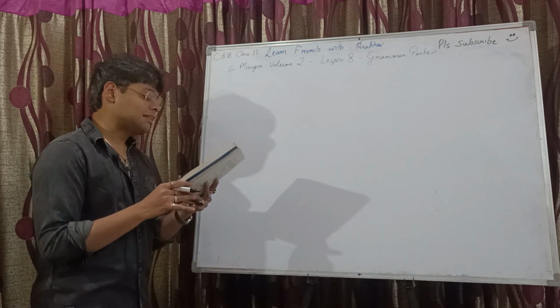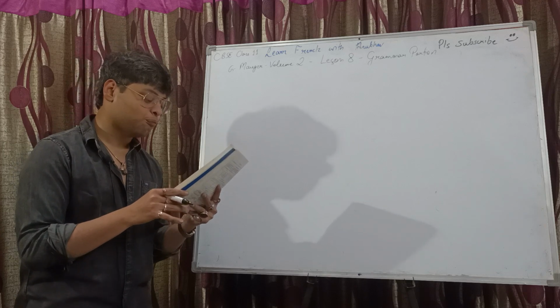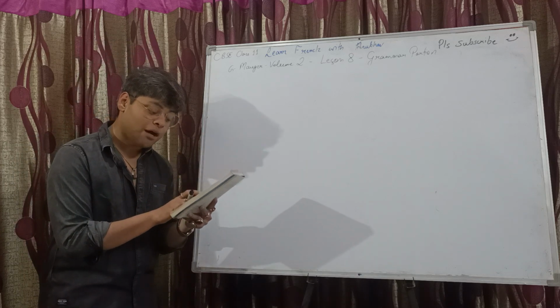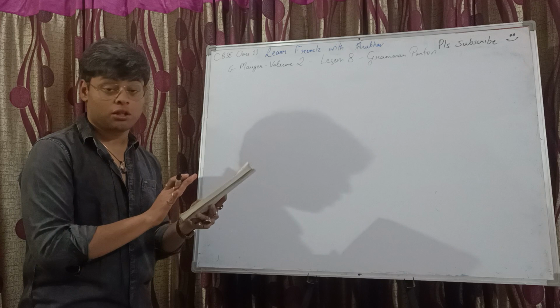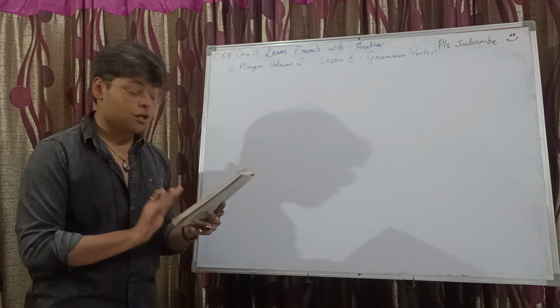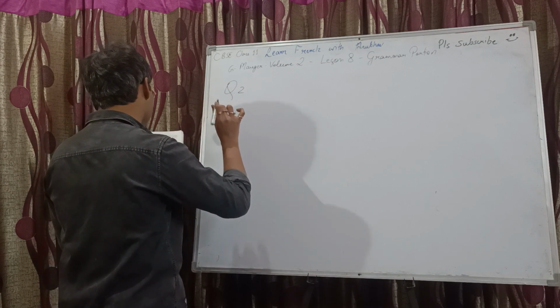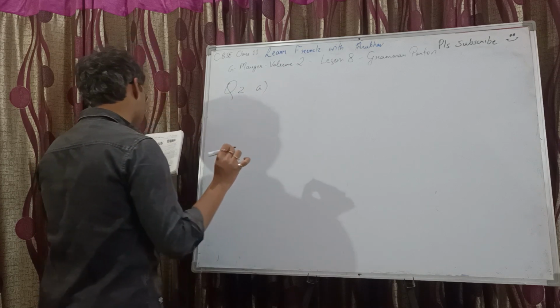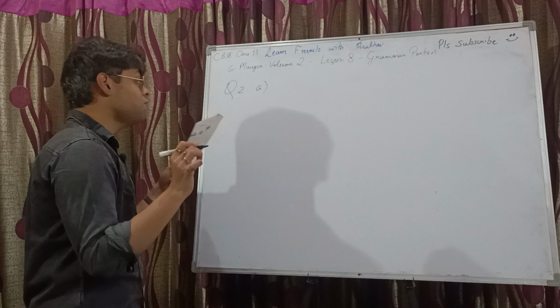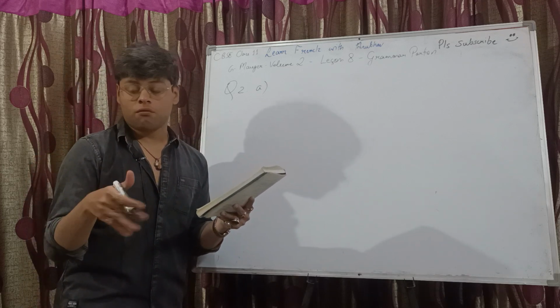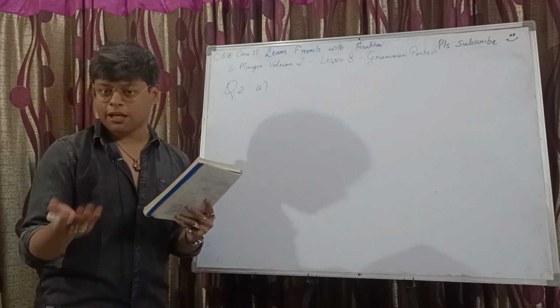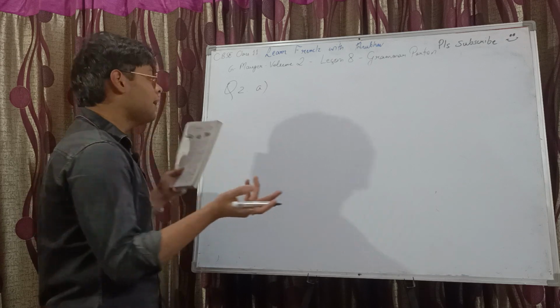Quels sont les adjectifs correspondant aux noms? Now we have two nouns, and on the basis of those we need to write the corresponding adjectives. Question number 2, A part. Le confort, comfort. What's the adjective form of it? Comfortable, right?